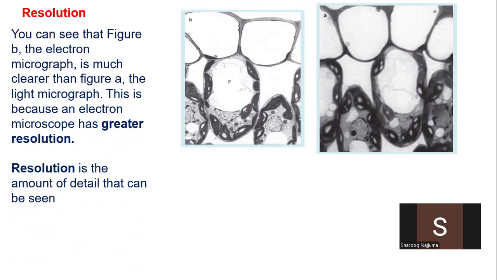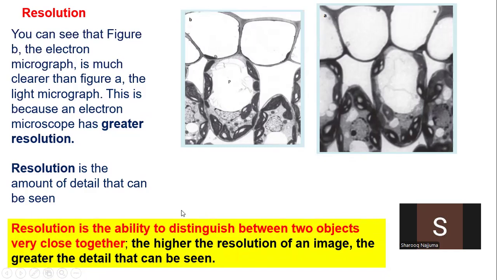Obviously, in this micrograph B, we are seeing much more detail compared to A. In A, you can see that some of the structures are even blurry. But in B, they are much more clear. So resolution is the amount of detail that can be seen. So electron microscopes are able to show you much more detail compared to light microscopes. Resolution can also be defined as the ability to distinguish between two objects that are very close together.